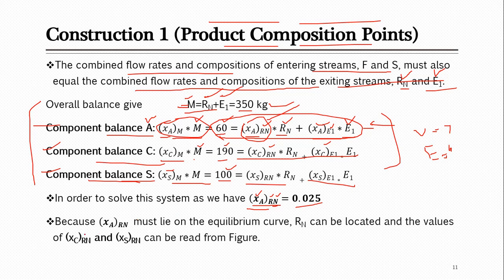But somehow, let's look at this: this xARN must lie on the equilibrium curve. If you are looking for R, the raffinate on the binodal curve, just recall for a minute the example which you solved in the last lecture. When you located R on the diagram, you found the composition: R will contain 3 components, which are A, C and S. We can read them when we have located R on the diagram with the help of simple tie lines in a one stage system.